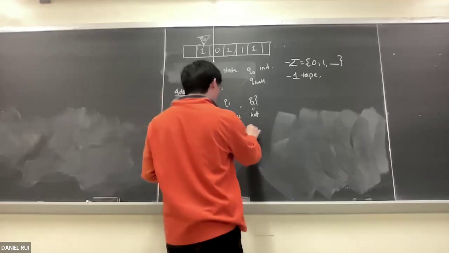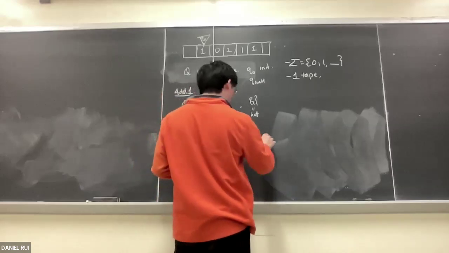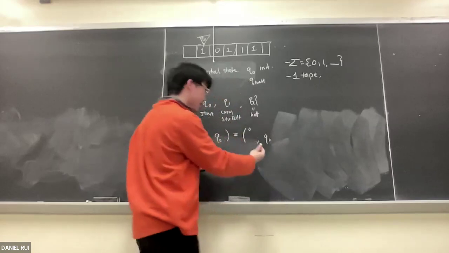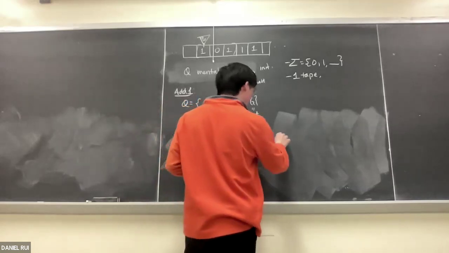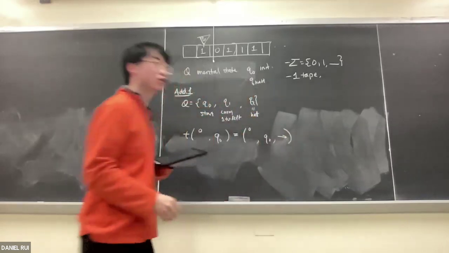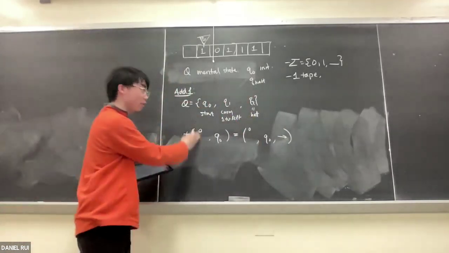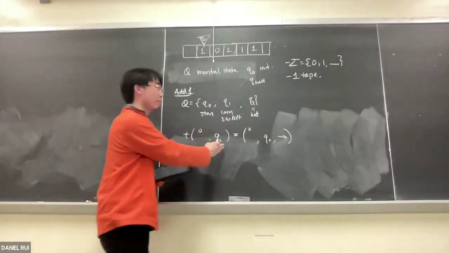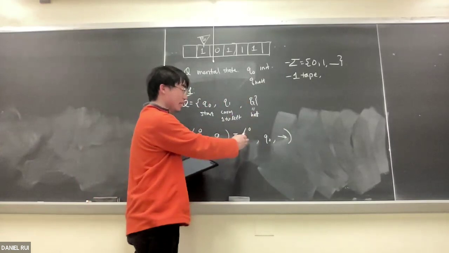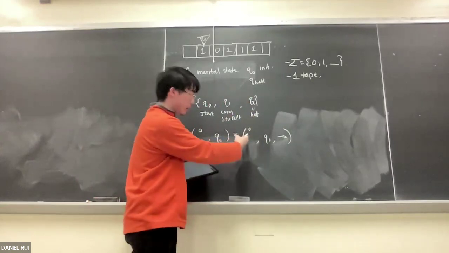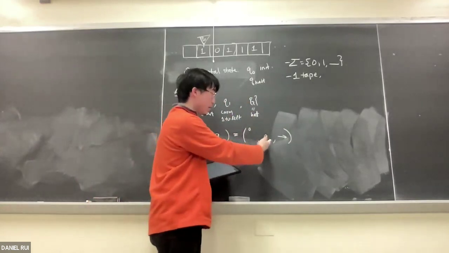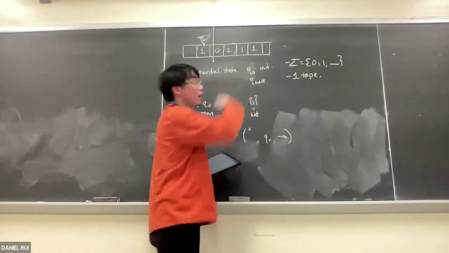I'm going to keep it at 1, and then keep my mental state in Q0, and then move to the right by 1 unit. So the transition function takes in what I'm reading and my current mental state, and outputs what I'm going to overwrite in that space, the next mental state I'm in, and then the direction I'm walking.